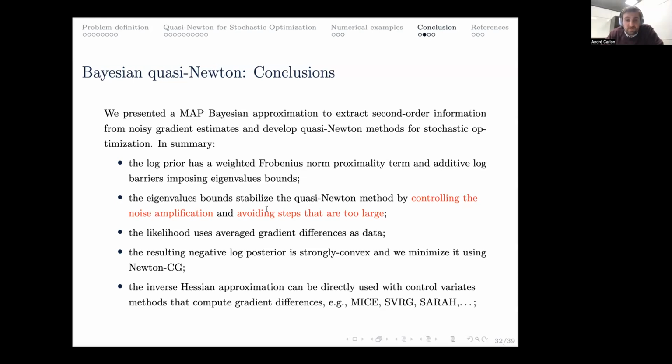So in some sense, this should work better than even if we had the true Hessian to precondition our stochastic optimization methods, because we get more stability by having this control over the smallest eigenvalue of the preconditioning matrix. We developed this likelihood that just uses the gradient averages.